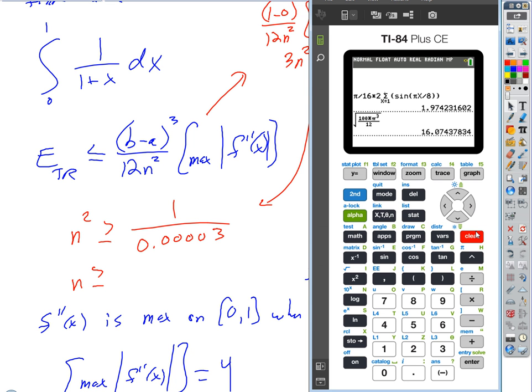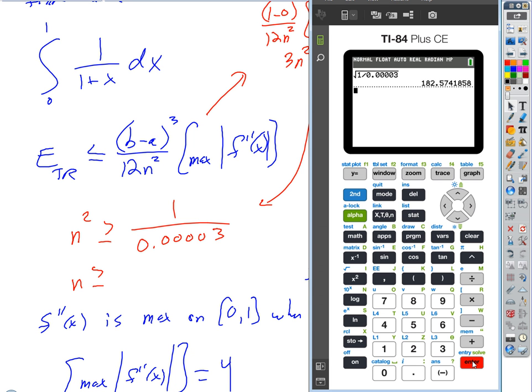So what do we get? Square root, sorry. Square root of 1 divided by 0.00003. Okay? And that is about 182.57. So what's that mean?